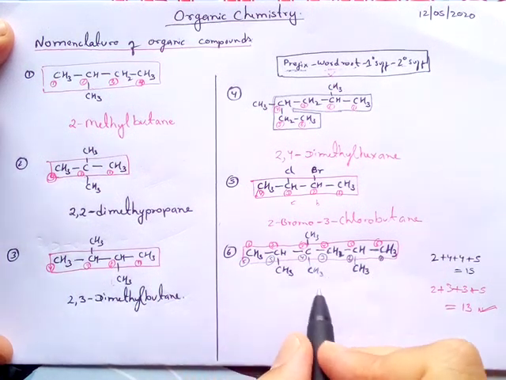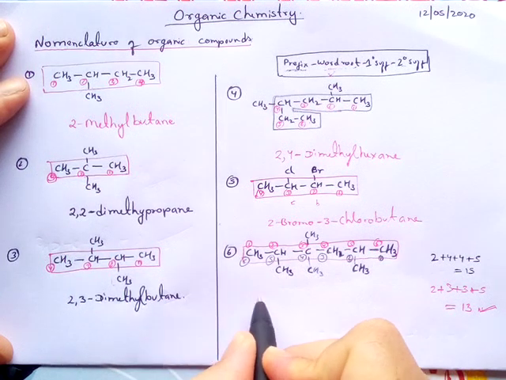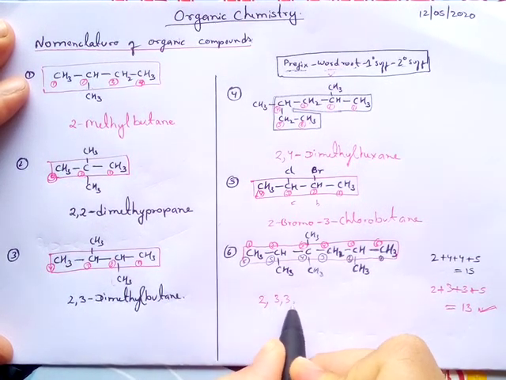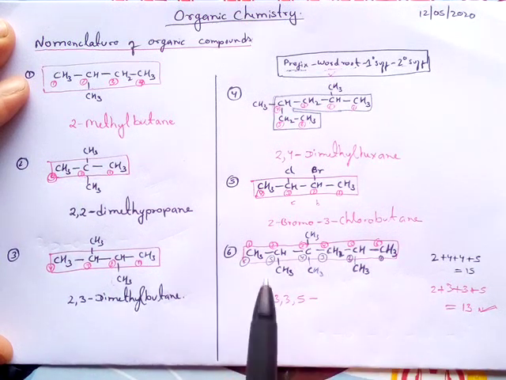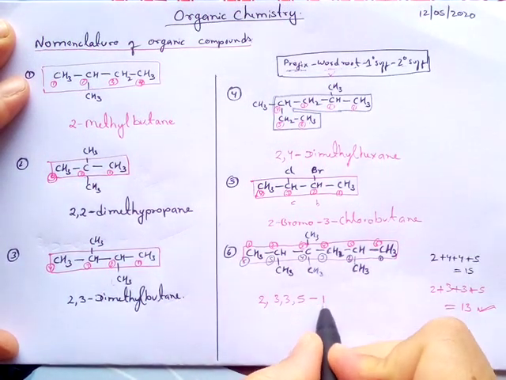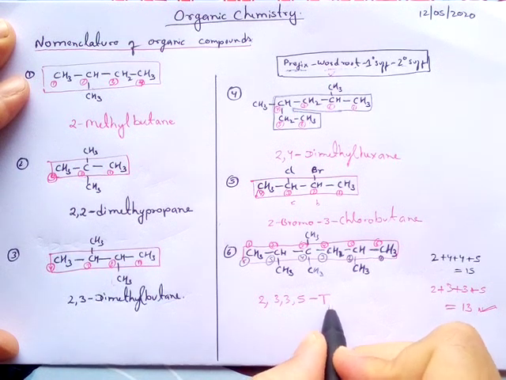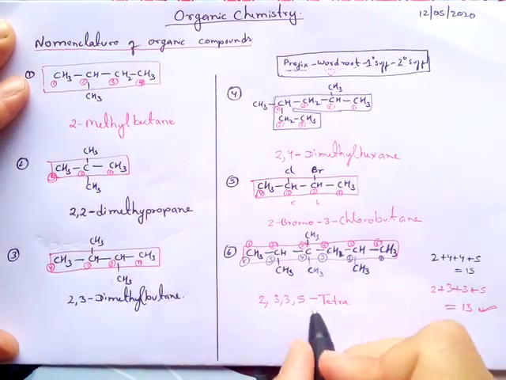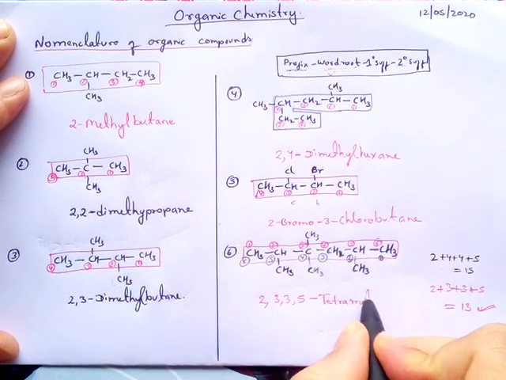So the name becomes 2 comma 3 comma 3 comma 5. Total 1 2 3 4, so it's tetra. Not but, it's tetra, T-E-T-R-A. It's a prefix, so tetramethyl.